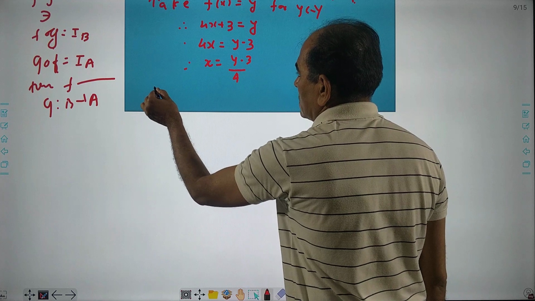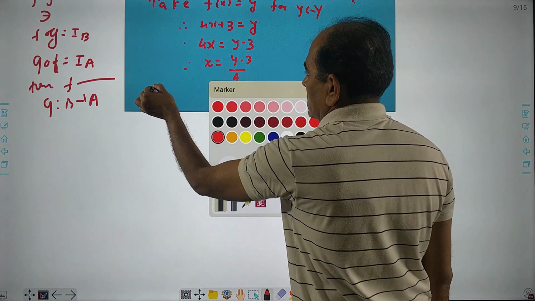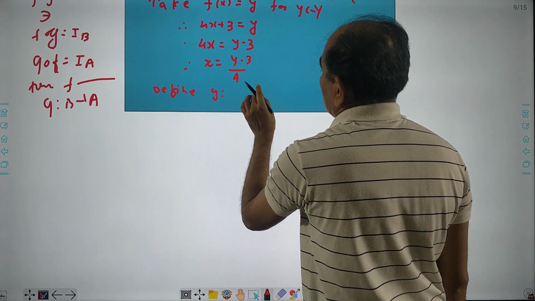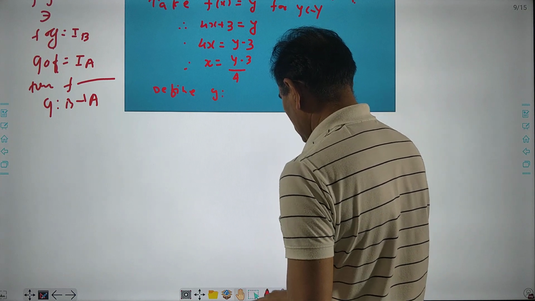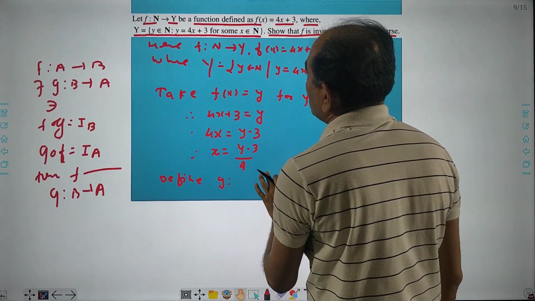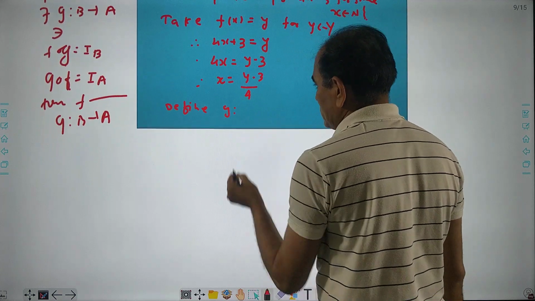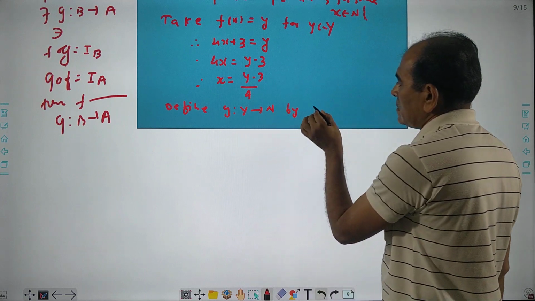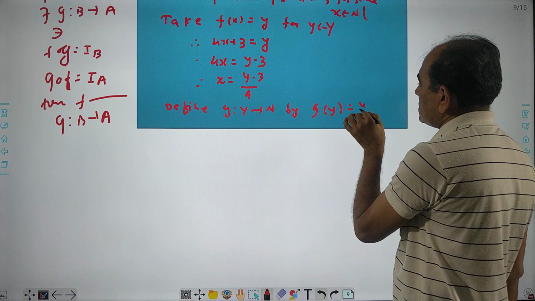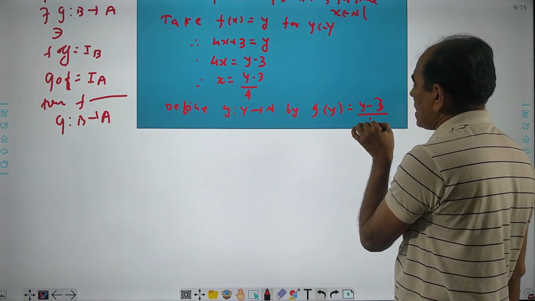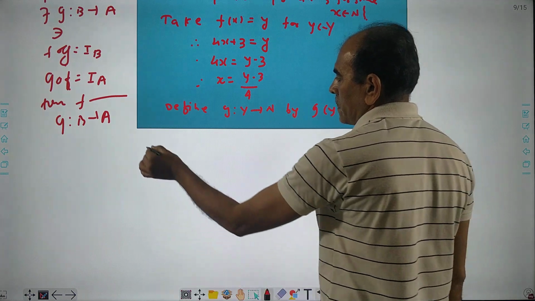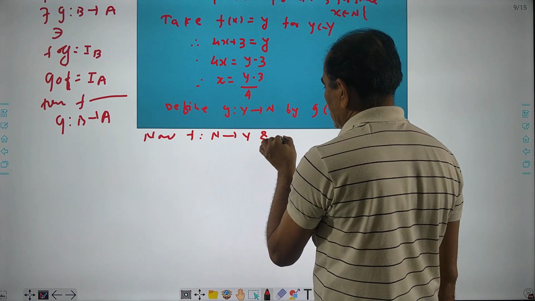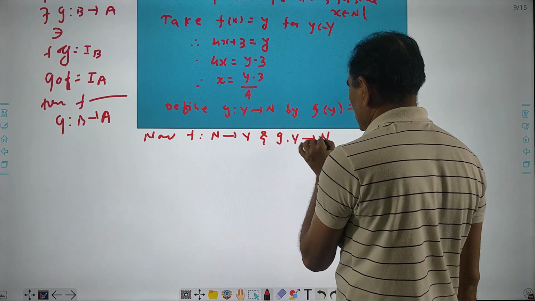Define g from Y to N by g of y is equal to (y minus 3) by 4, where f is from N to Y. Now f is from N to Y and g is from Y to N.